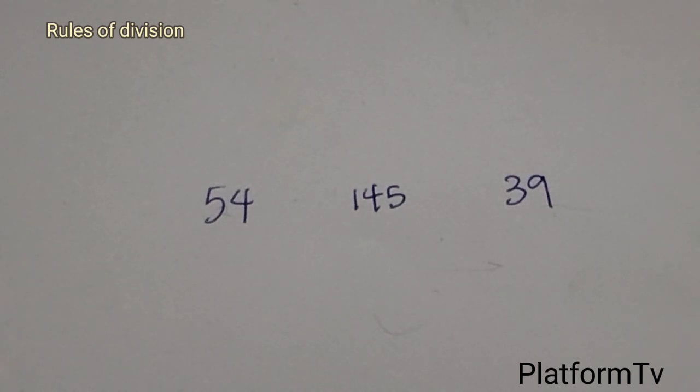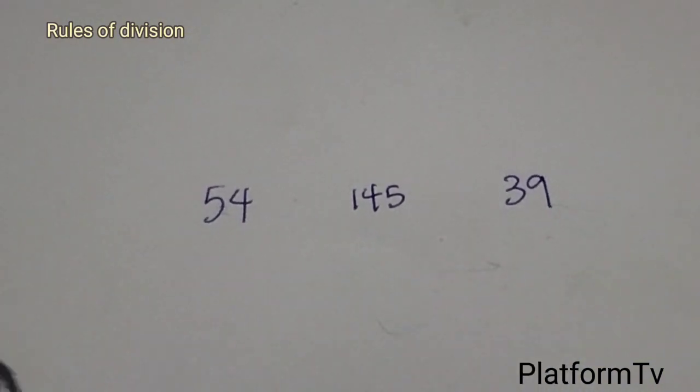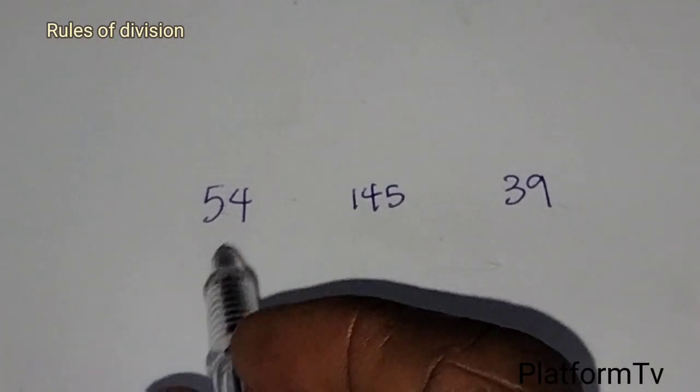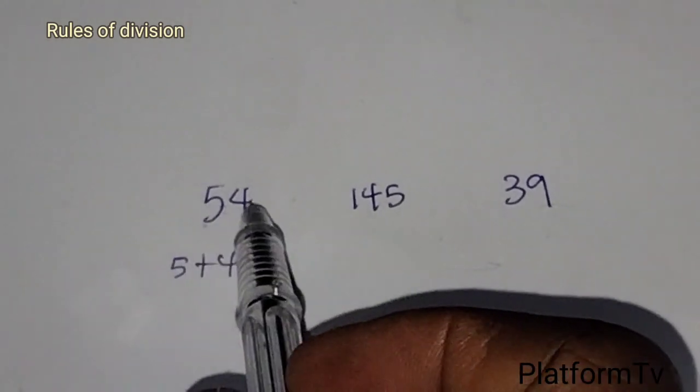Now, according to the rule of division by 3, if that sum is a multiple of 3, then the whole number can be divided by 3. So we're testing this out. Let's test 54, 145, and 39. For 54, the digits are 5 and 4.